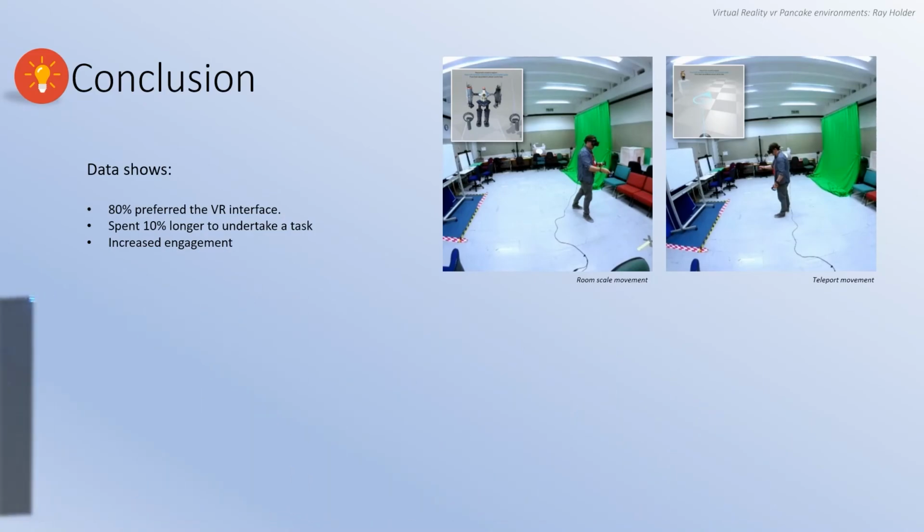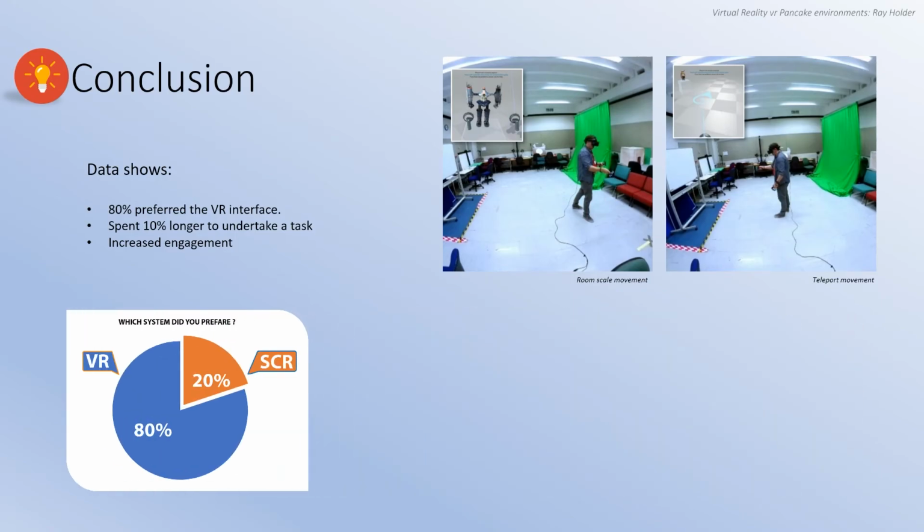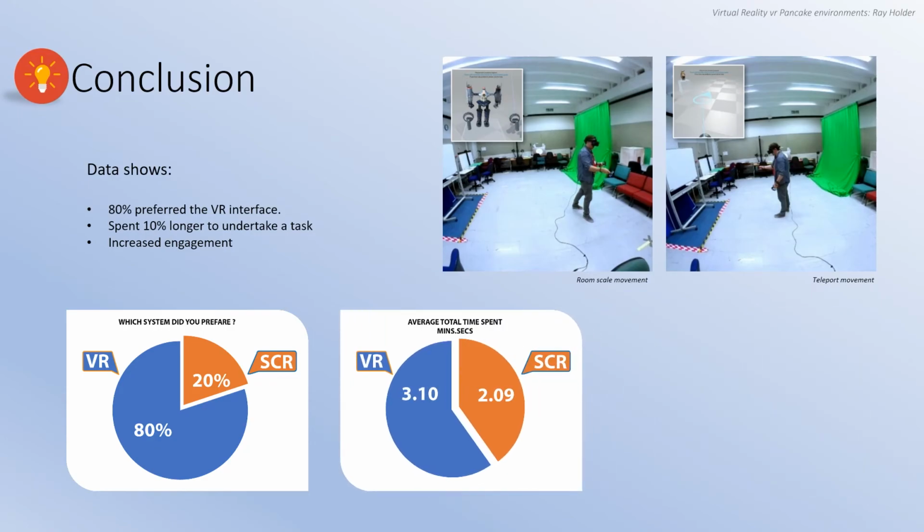This study compared the influence of immersive and non-immersive platforms on 31 creative computing undergraduates. It has shown that this demographic is open to the idea of using a virtual reality system to explore virtual environments and use the interface discussed over a more familiar system. 80% preferred the VR interface, and while using immersive technology, the participants were more focused and spent 10% longer to undertake a task.